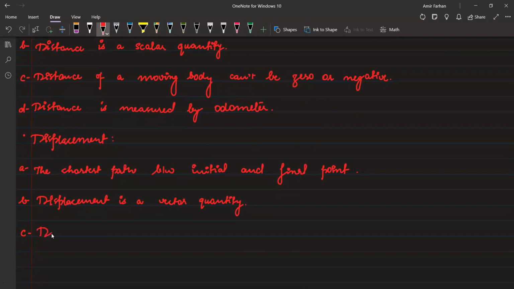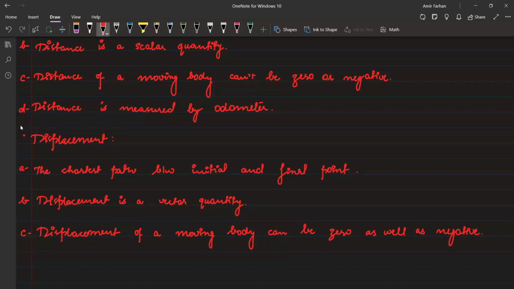Obviously, for a moving body there are high chances that it is positive, but in some cases it will be zero as well as negative.